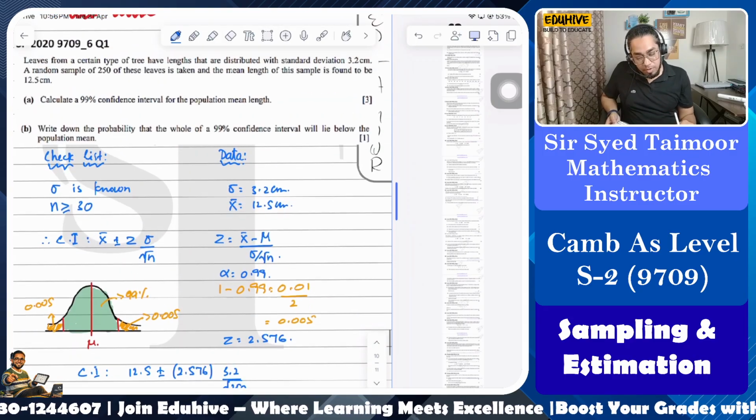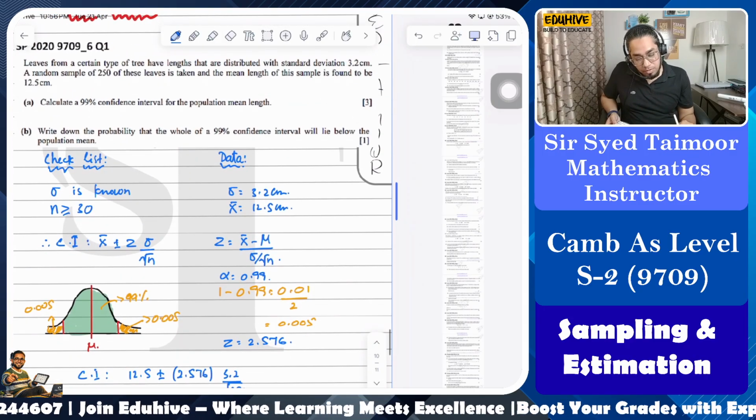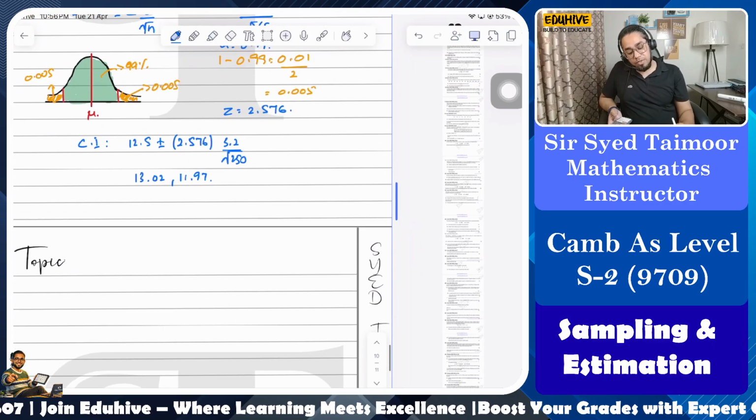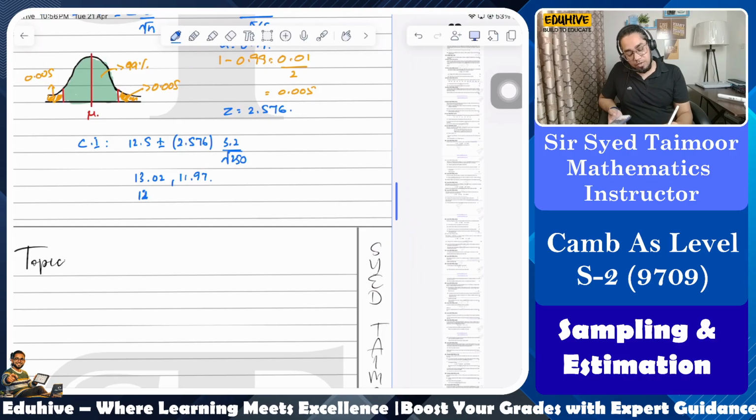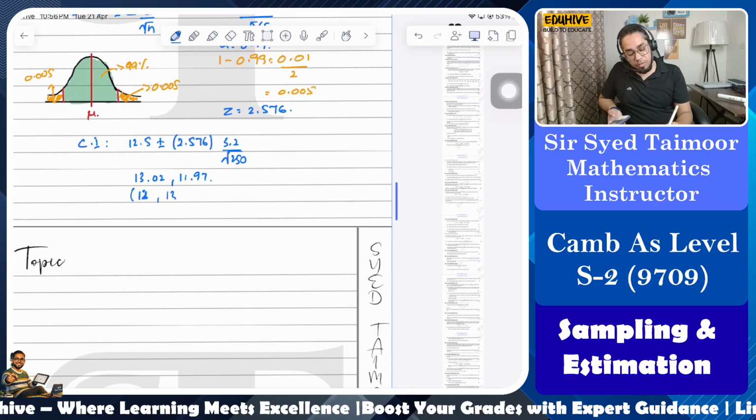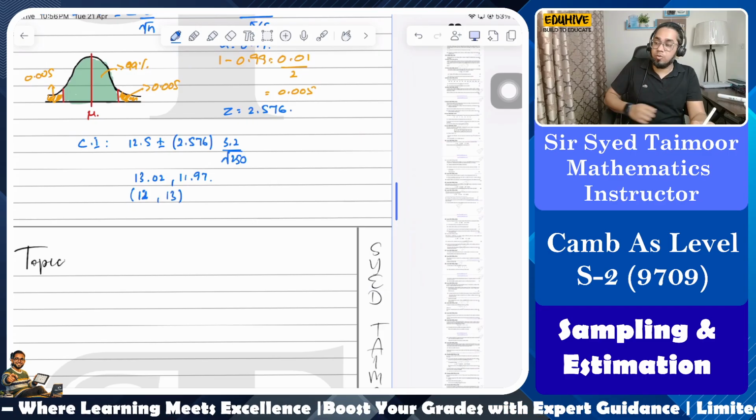So they're asking about the population mean and we can proceed with this now, like the lower value can be 12, and the upper value will be 13. Can I do that?